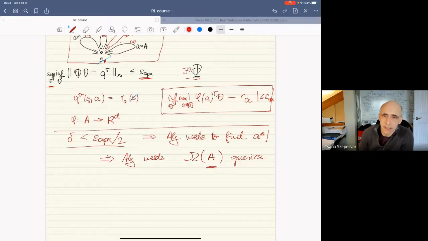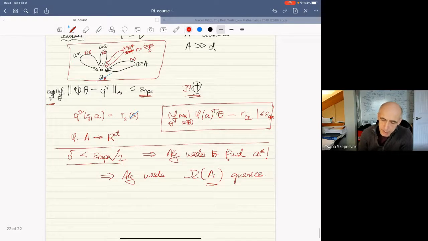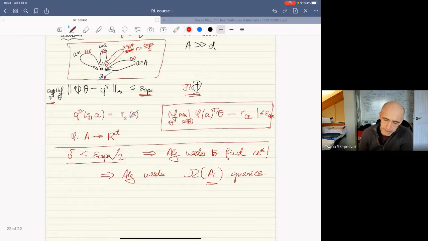The standard Euclidean basis vectors, we could choose those. And then the parameter vector would just be the scaled unit vector corresponding to A star. So that's a choice.